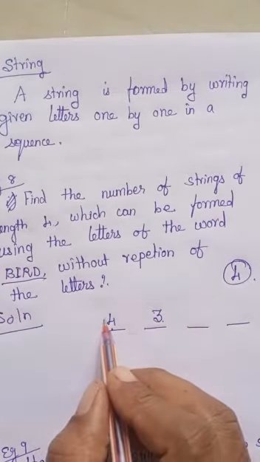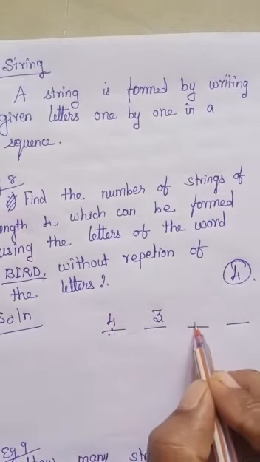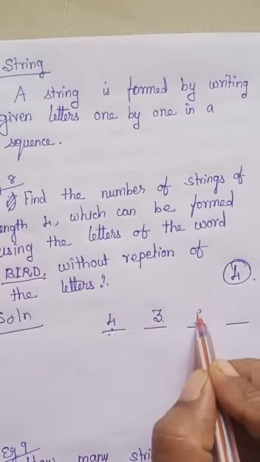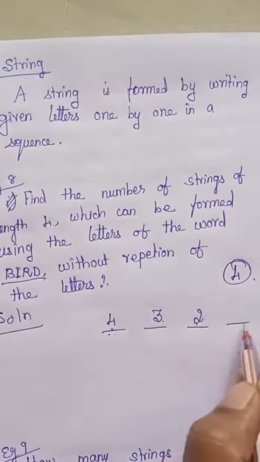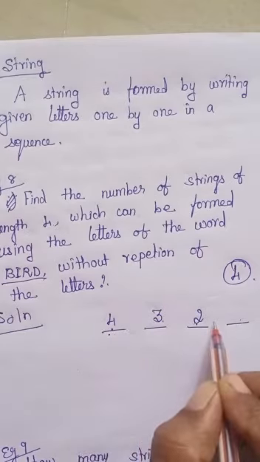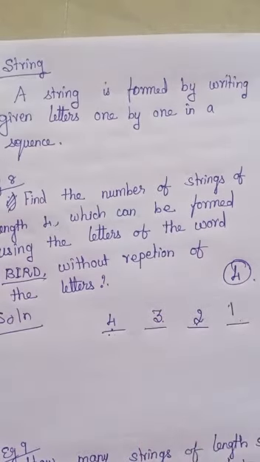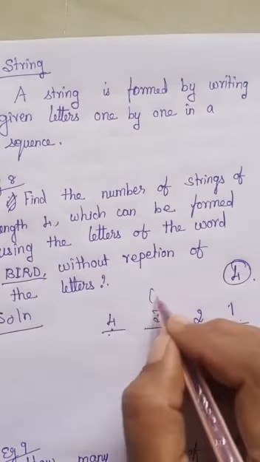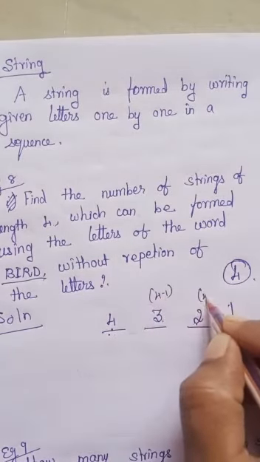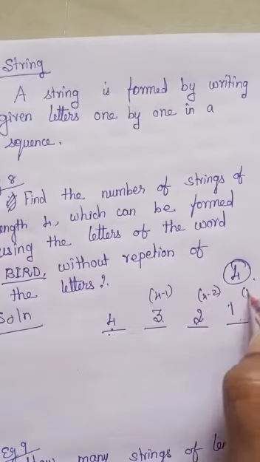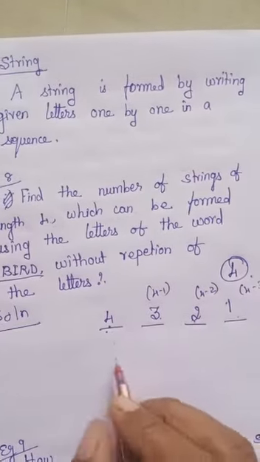Because one is fixed. So coming to the third place, already 2 letters are fixed, so the remaining is 2. Now coming here, 3 letters are fixed, so the remaining letter is 1. So here that is 4 minus 1, here 4 minus 2 and here 4 minus 3 since we have filled.